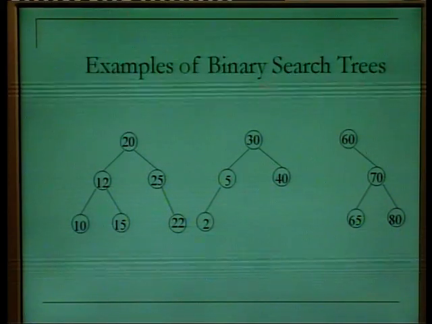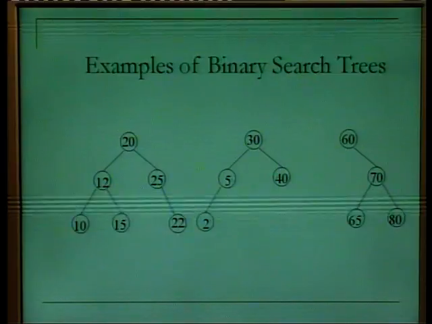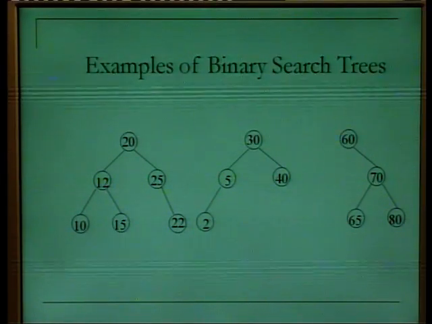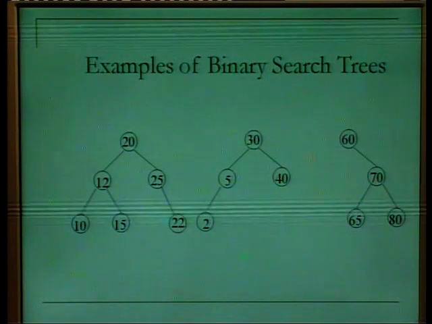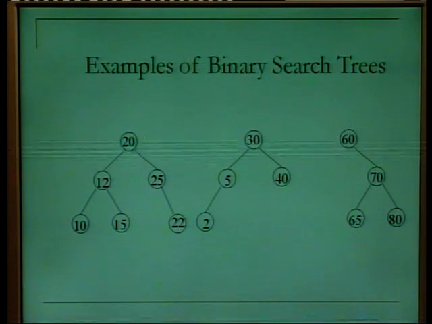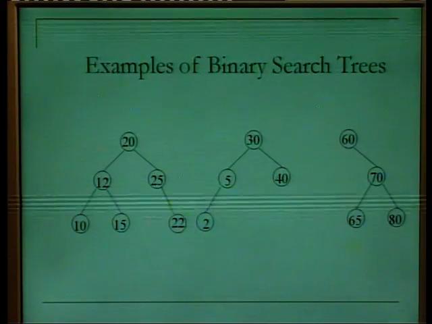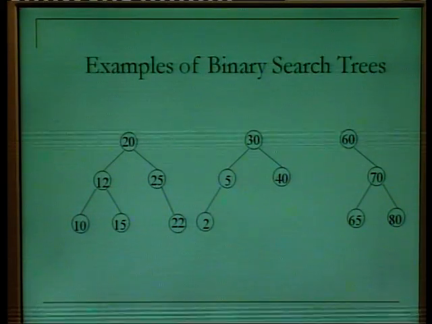So it is not a binary search tree. The second example is the tree having root 30, with value 5 in the left subtree and value 40 in the right subtree. So this is a valid binary search tree.